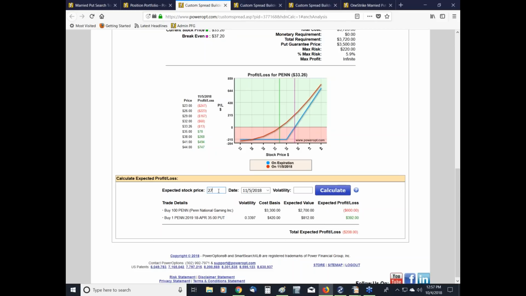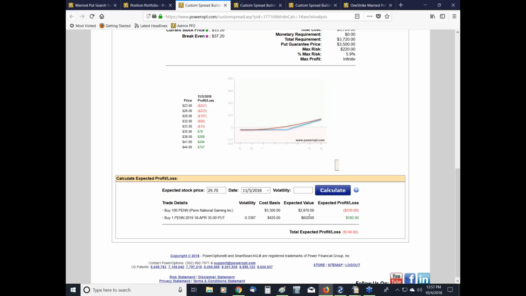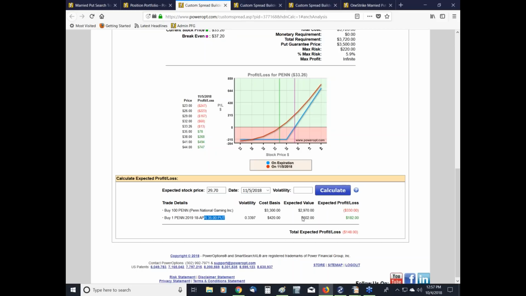If it just dropped 10%, let's say to 29.70 roughly, so it drops 10% from my $33 entry price. 35 here, yes, it's 602. That's fine.